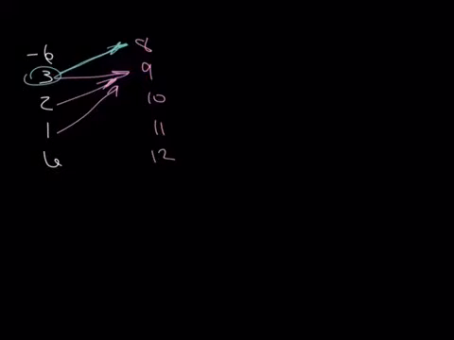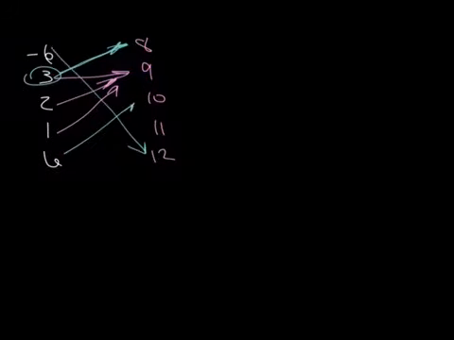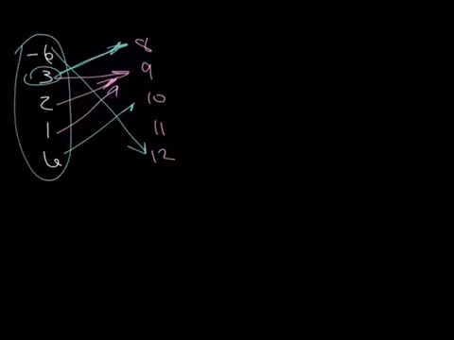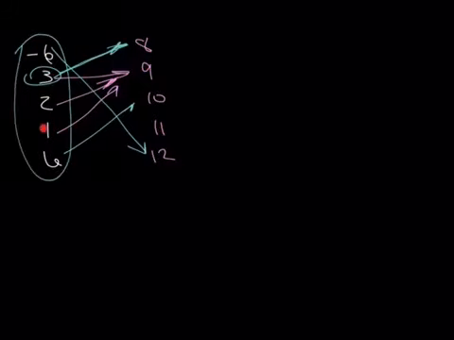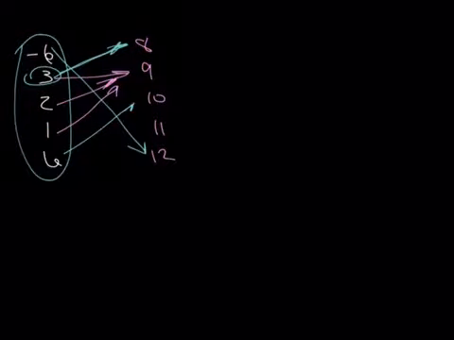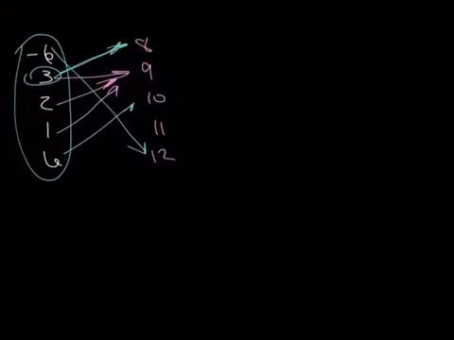So I can have my 6 go to my 10, this 6 here go down here, and as long as there's only one arrow going from each one of these numbers, it doesn't matter what numbers these are. Okay, that makes it a function.